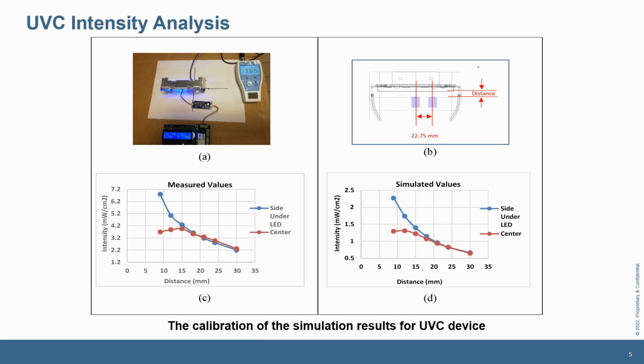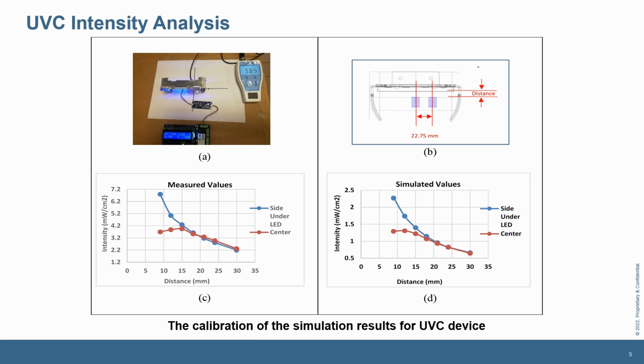In order to make sure all analysis of the UVC device is reliable, in this paper we use the FEA method to analyze the UVC device parameters. The simulation software is COMSOL Multiphysics. We use a comparison method. First, the left side of the slide shows the result measured by using a commercial UVC meter.